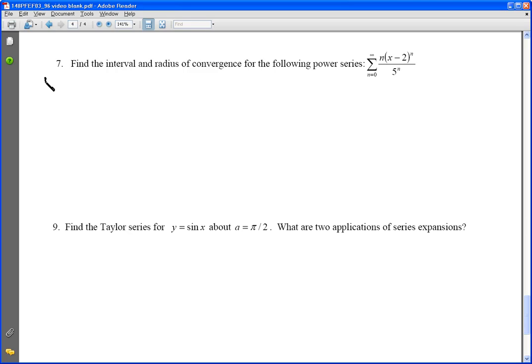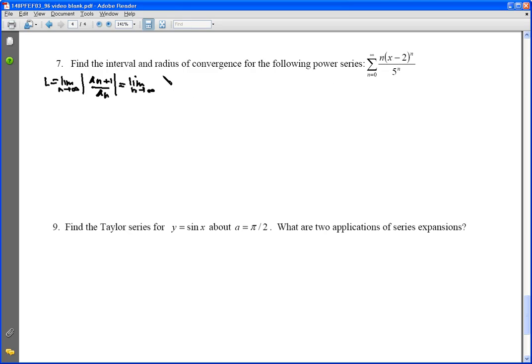So what we do is we set L, which is the limit, as n goes to infinity of the absolute value of a_(n+1), the n plus 1 term over the n term. Everything is positive here except, when you take absolute value, the x minus 2 is going to stay in there.